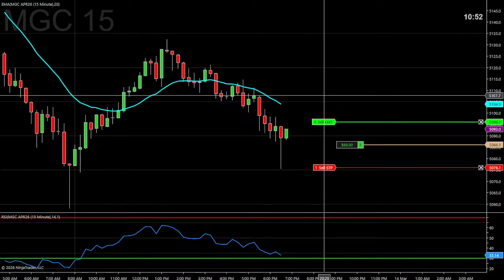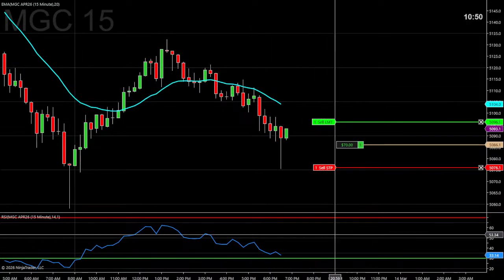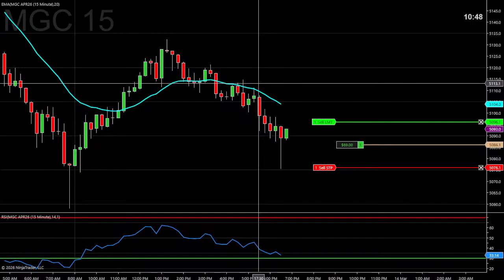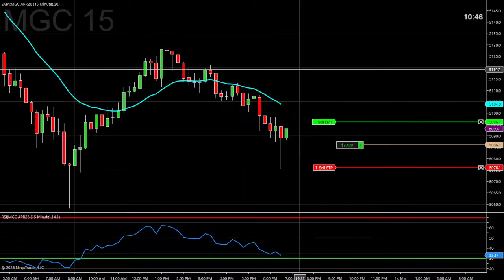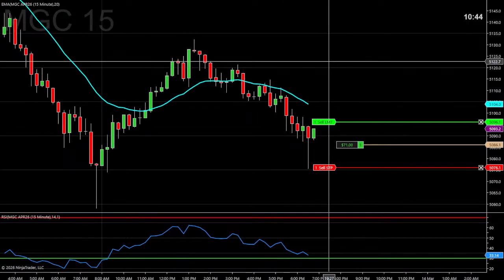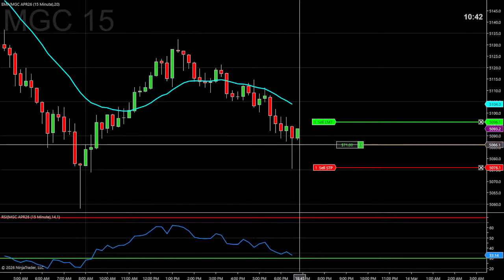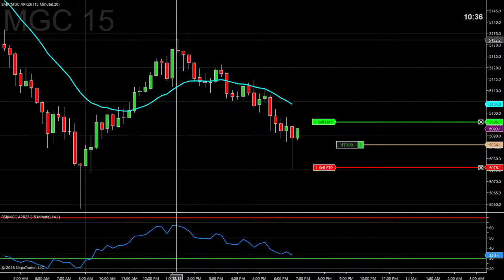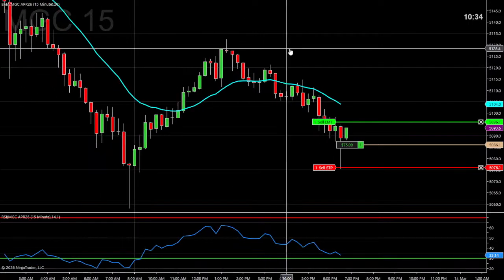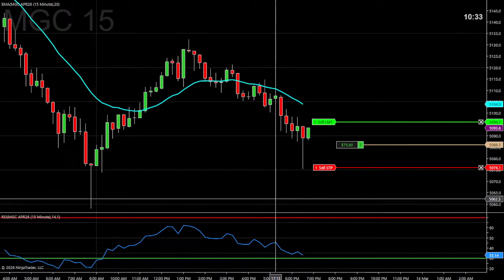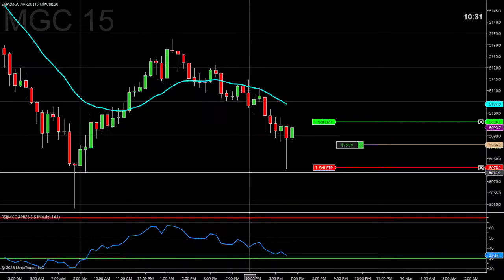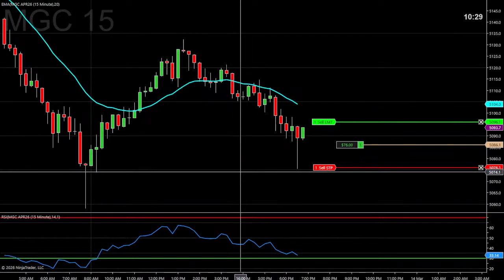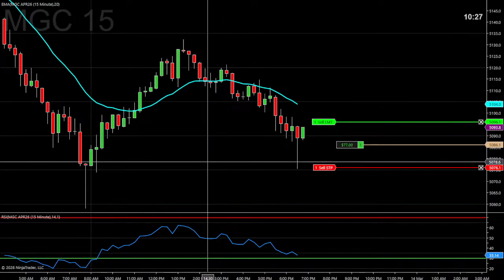I need to see at least here being broken. But even still, that is not technically an uptrend because the high would be lower than that. But I still think it's a good indication that it could be forming a trend. Gold in its 70s.